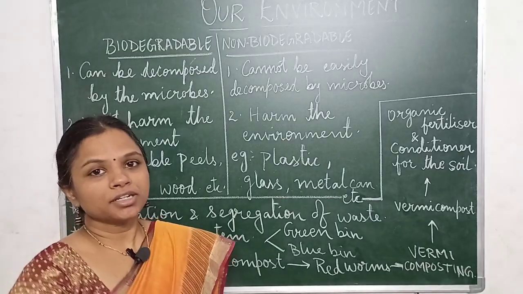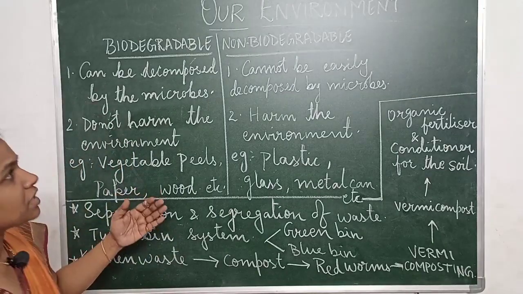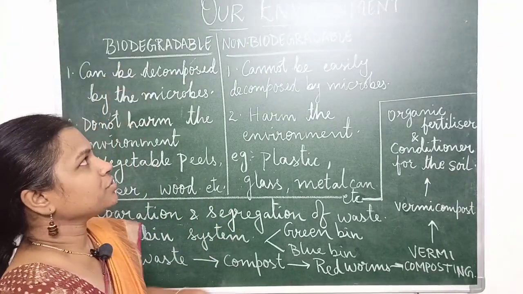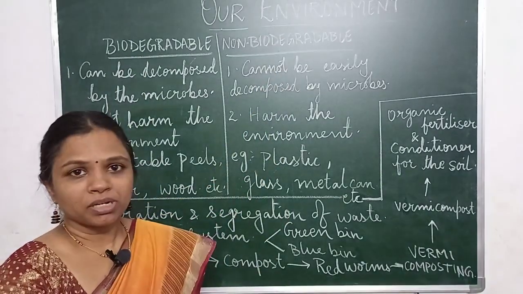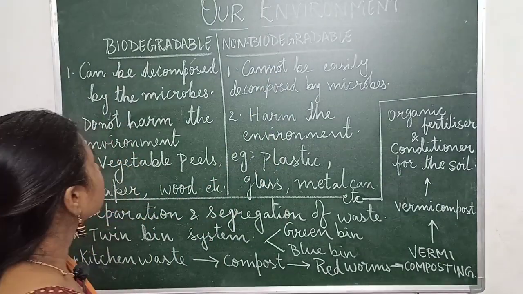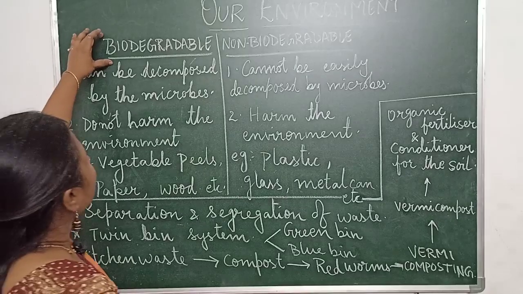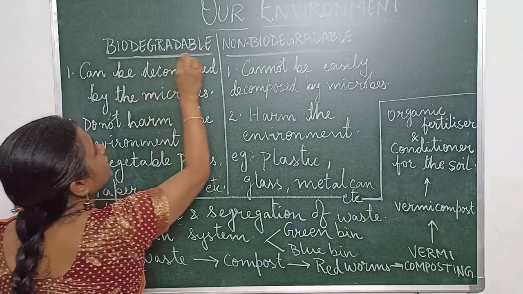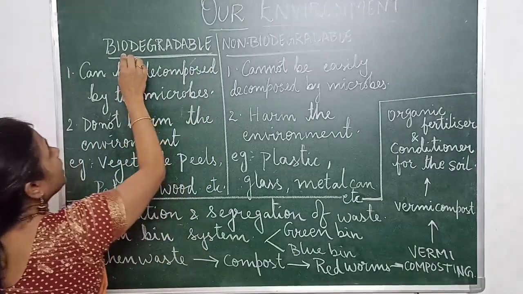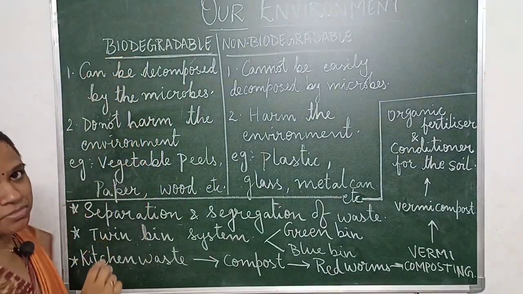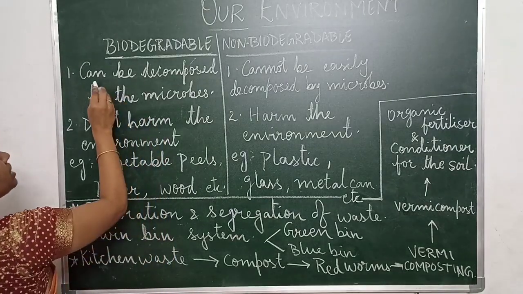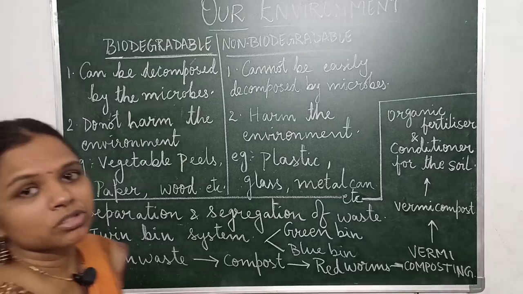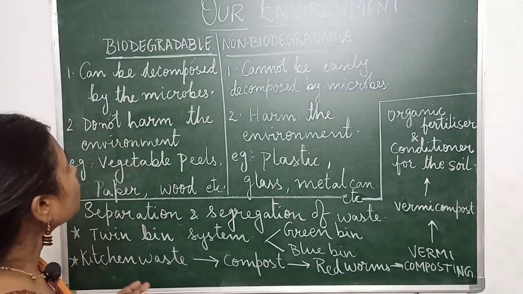Now, we will be learning about the two categories of materials, that is biodegradable materials and non-biodegradable materials. Here the word biodegradable means they can be easily decomposed by living organisms, that is, by the microbes or microorganisms.